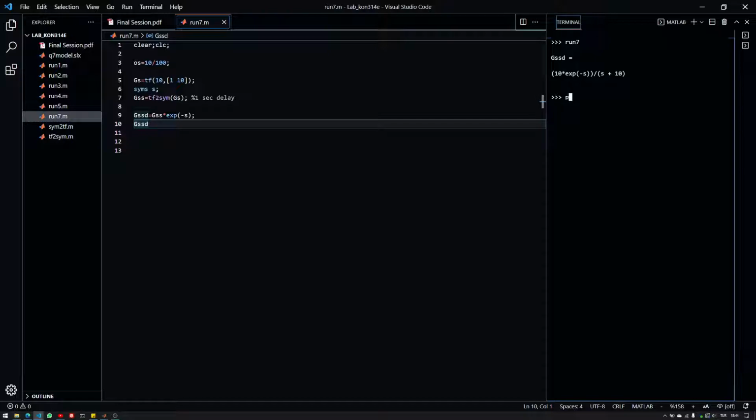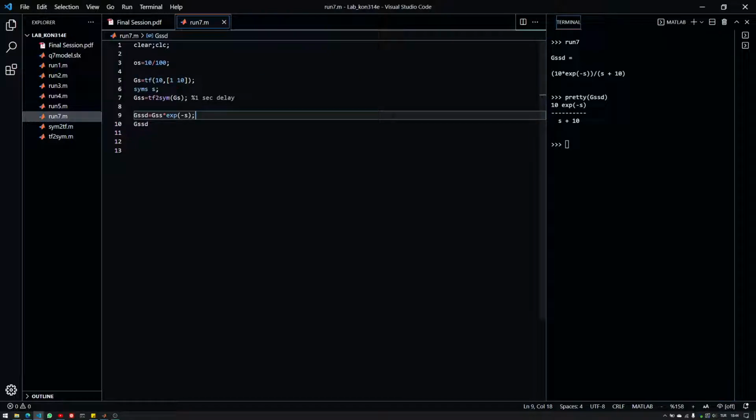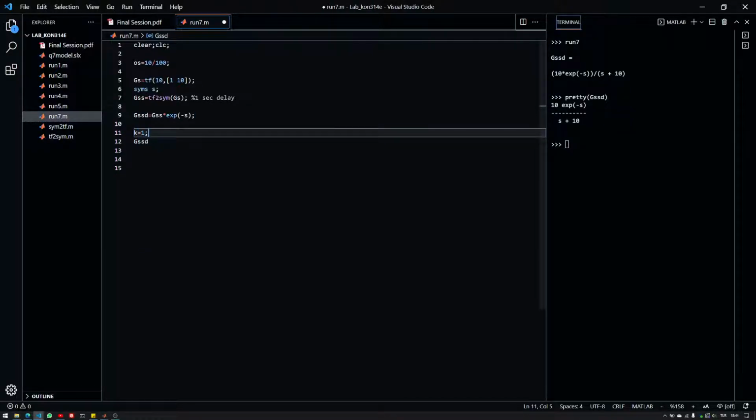Now the issue with this is the following. If we use a controller and such a plant and build a feedback structure and calculate the closed loop transfer function, the problem is that we don't get a fully polynomial fraction. Let me demonstrate it. Let's say we have k equals 1, a unit feedback.